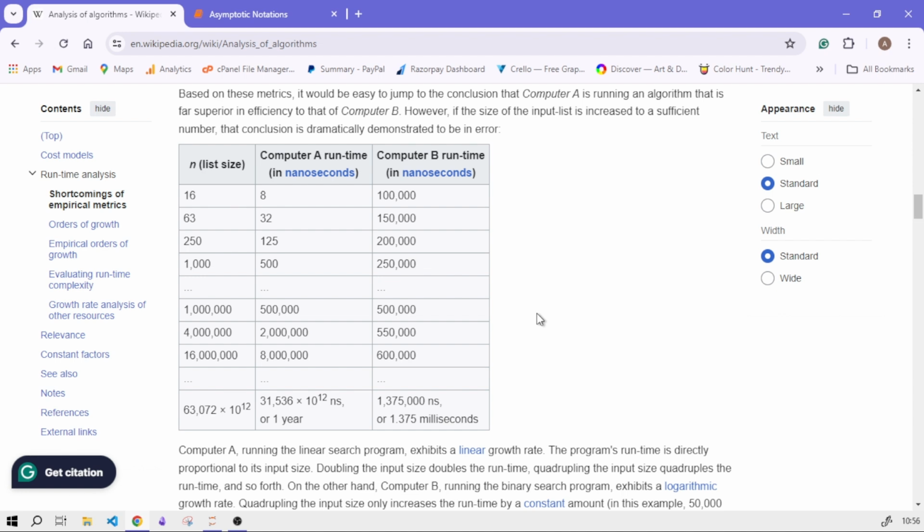The performance will vary on different computers. So the time difference is not a really great approach to measure the efficiency of an algorithm, and we can discard that.